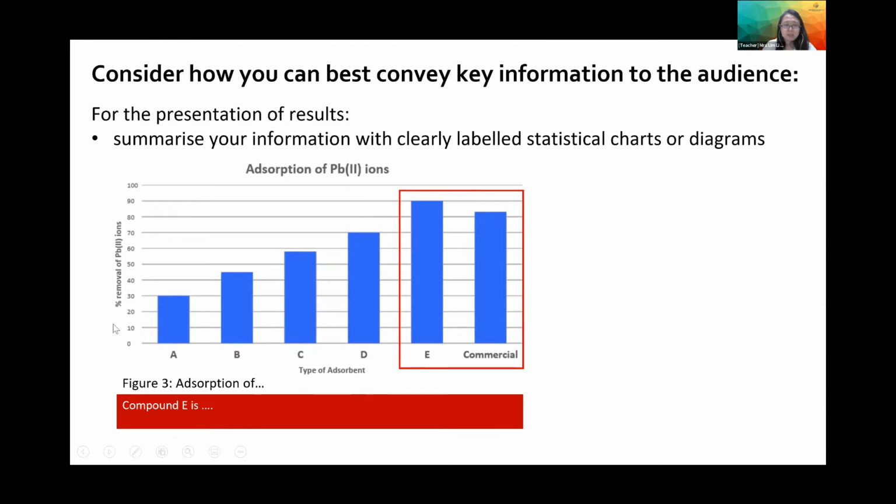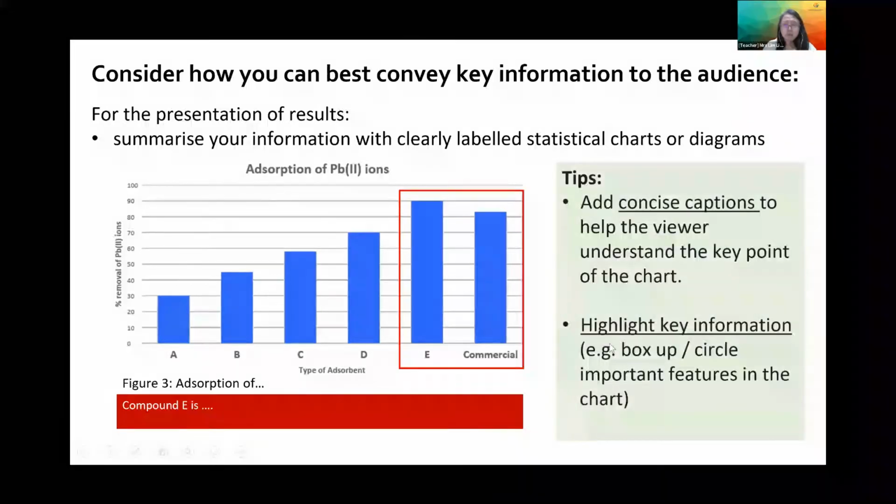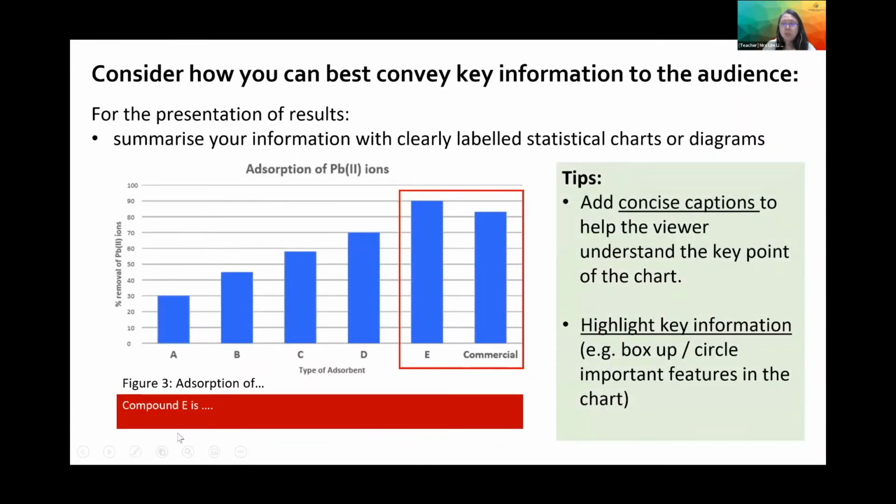In this case, you see that the axes are clearly labeled. You can include a concise caption to help your audience understand the key points. You can highlight key information by boxing up or circling certain important features that you want to mention.